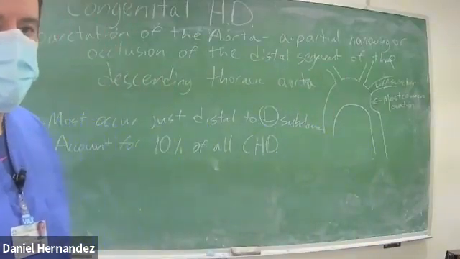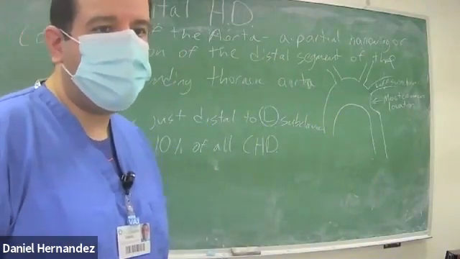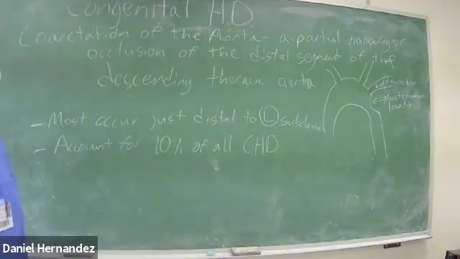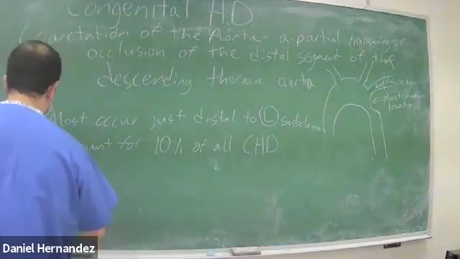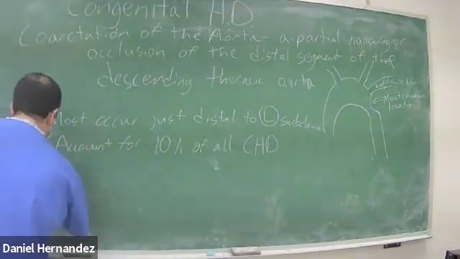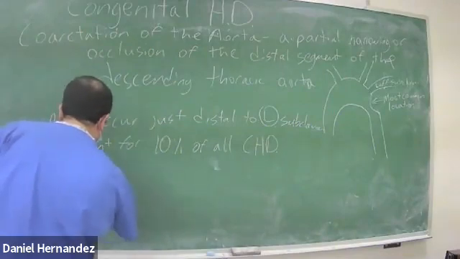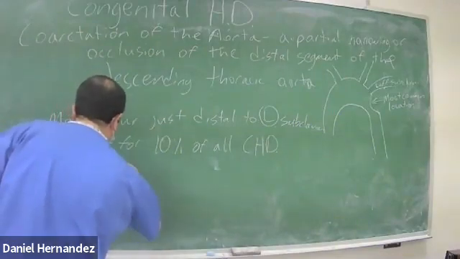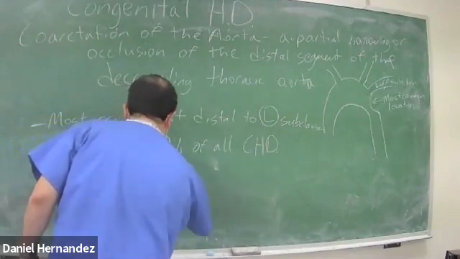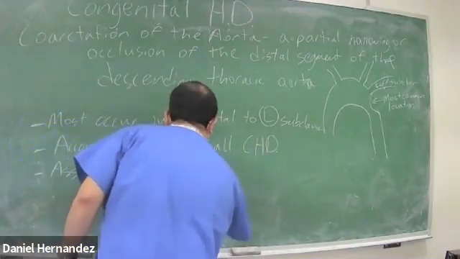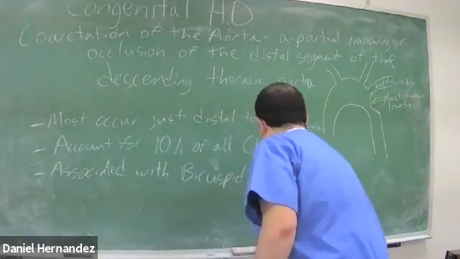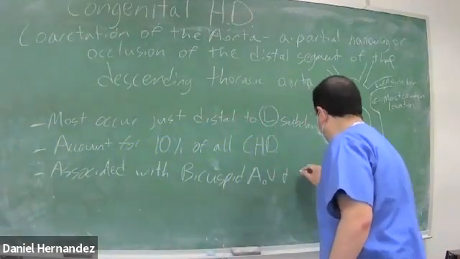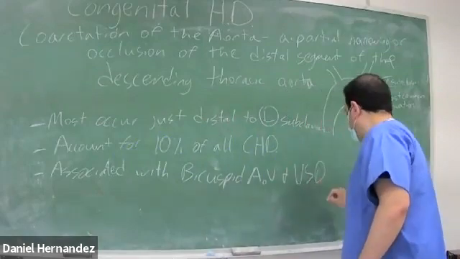They're typically associated with other congenital lesions such as bicuspid aortic valve and a ventricular septal defect.